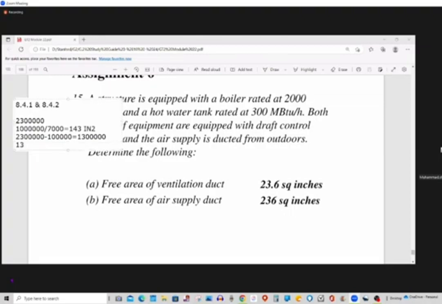Yes, sir. How much is going to be, sir? 93. So 143 plus 93, how much? 236. So 236 square inches is your opening on the bottom, and the 10% of 236 is 23.6, your combustion air for ventilation.